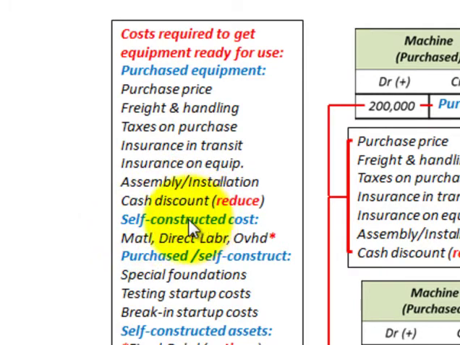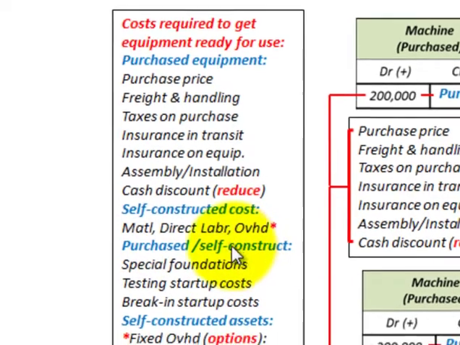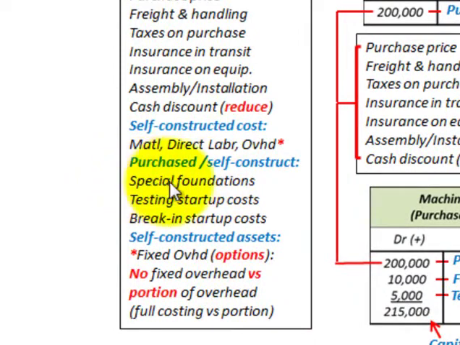Now, if we're talking about self-constructed equipment, we'd have our material, our direct labor, and overhead. It depends how you want to charge off your overhead. But in either case, if the equipment is either purchased or self-constructed, we would also include costs to get this equipment installed in the plant, like any special foundations, any testing and startup costs, and break-in and startup costs.